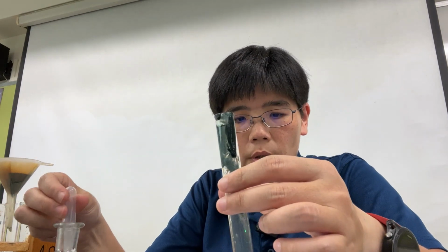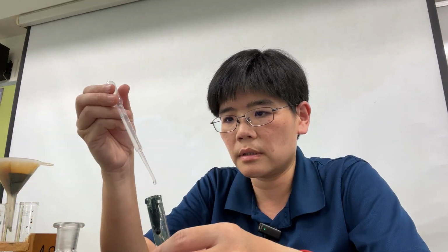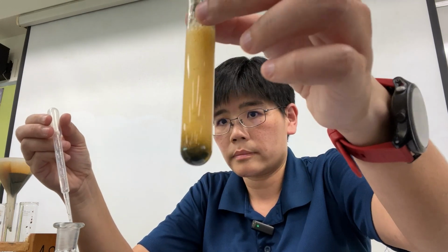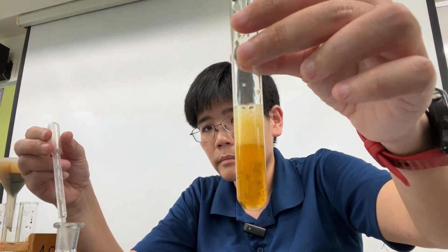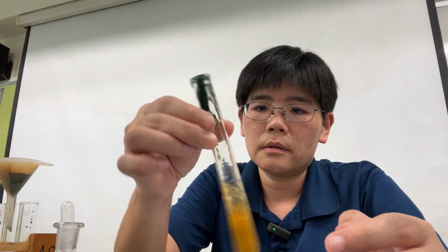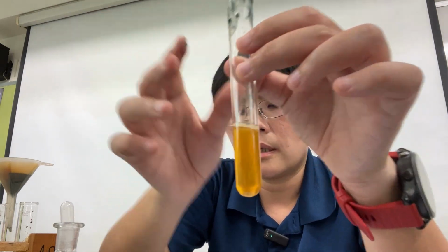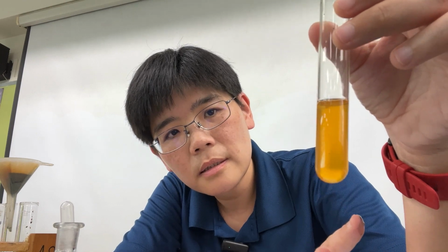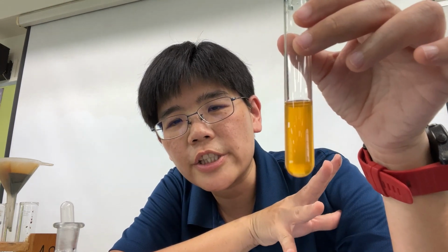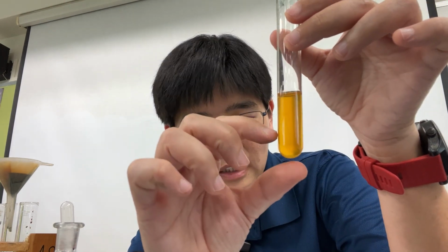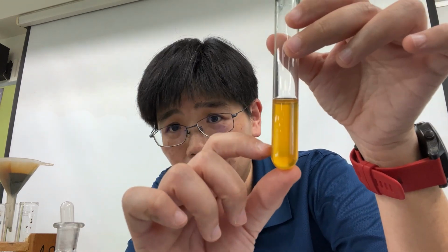Okay, I'm going to add a bit more of the sulfuric acid, 2 centimeters depth. Now I shake, and then I get this, which I need to record as an observation. So 1 cubic centimeter of the precipitate, right?